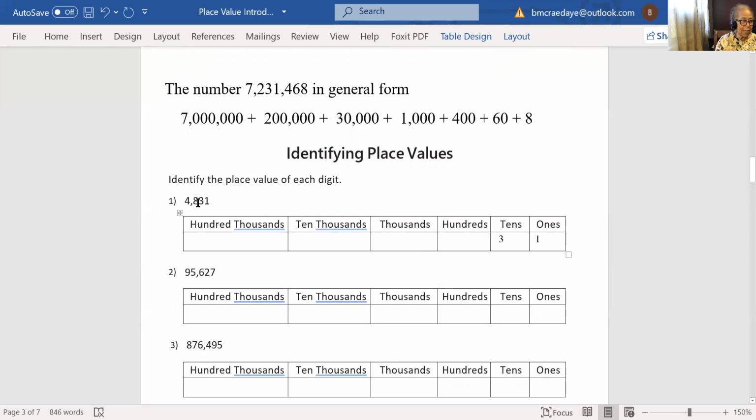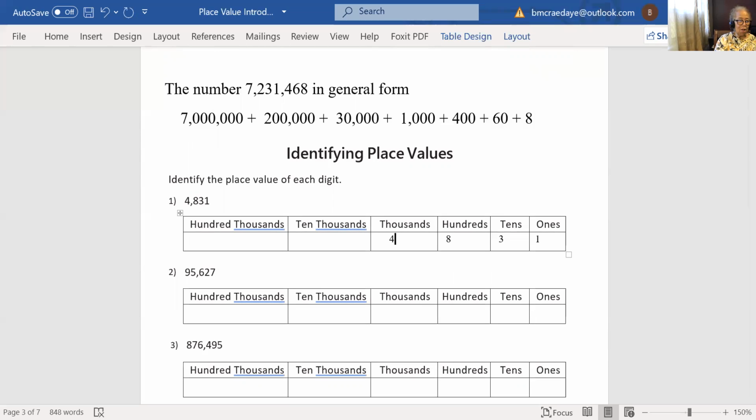We have 8. That's 800. So we put our 8 here. And thousands, 4,000. Remember the word for the number, 4,831. So we have 4,000. So that's how we identify the place value of each digit.